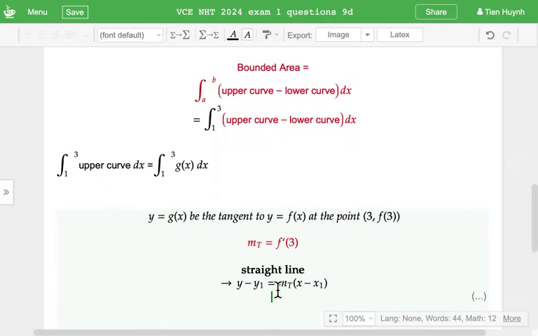And in here, notice one thing, the point x1 and y1 will be a point on the tangent. So let us remember that. In this case, I will pick that point to be this point (3, f(3)) here.